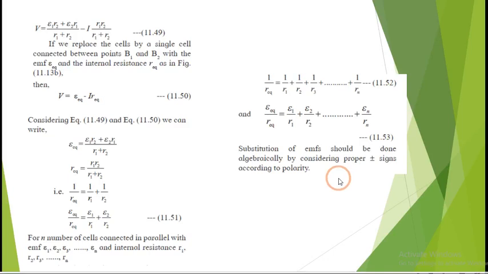So basically when they are in series combination, the equation will become V is equal to epsilon minus IR, and when they are connected parallelly, the equation will become epsilon upon R is equal to epsilon 1 upon R1 plus epsilon 2 upon R2 up to epsilon n upon Rn.